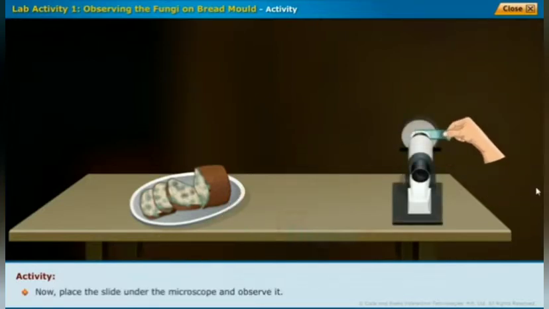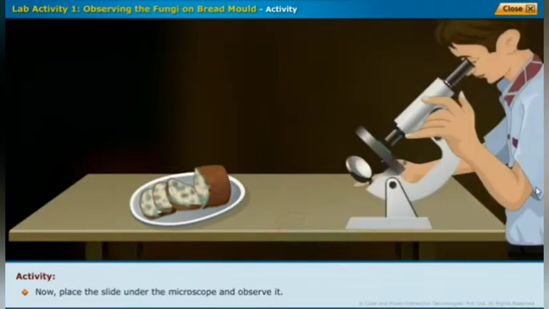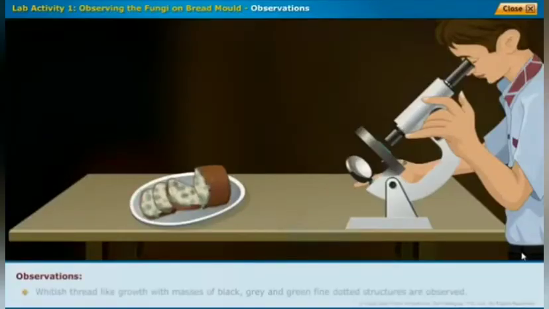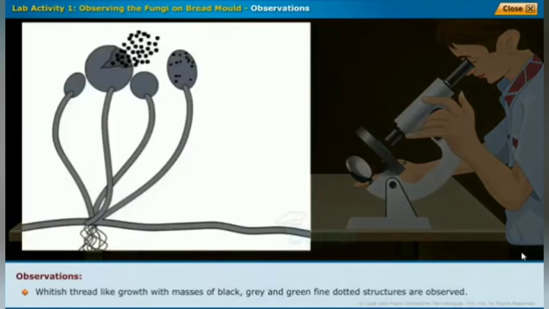Now, place the slide under the microscope and observe it. Whitish thread-like growth with masses of black, grey and green fine dotted structures are observed.